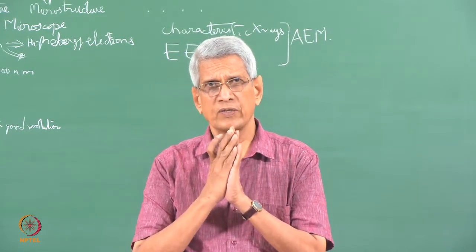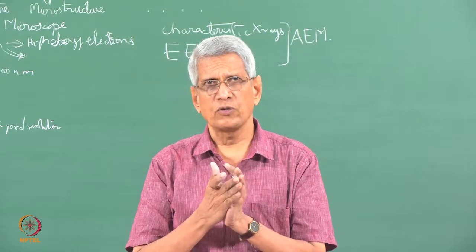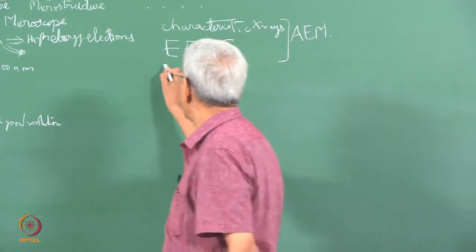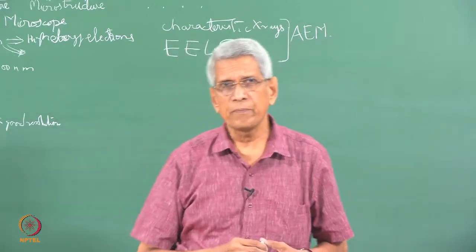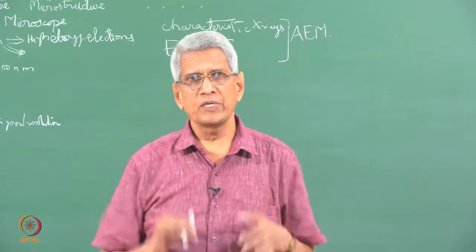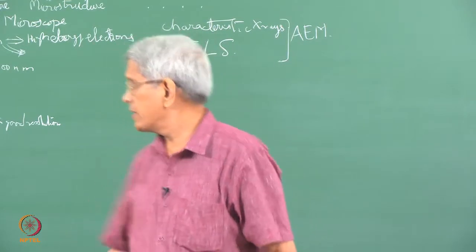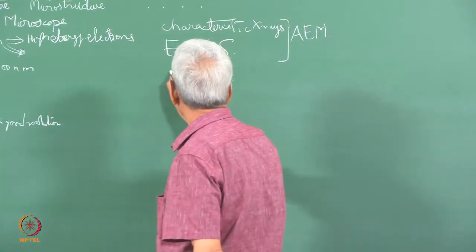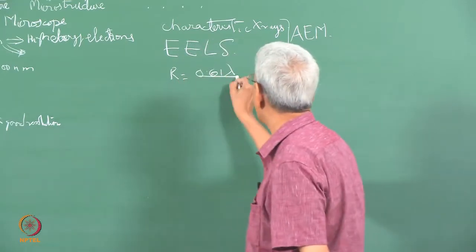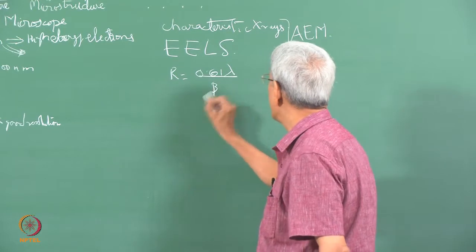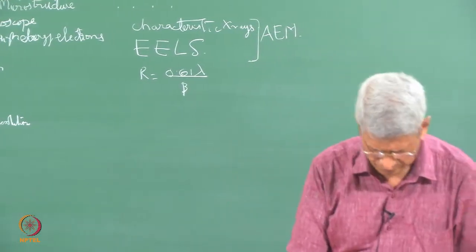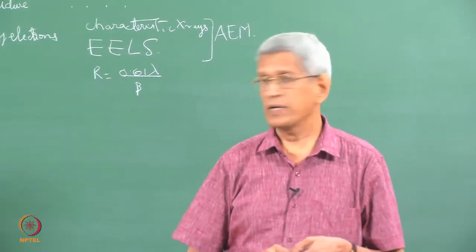Especially what we have to look at is the point to point resolution in an electron microscope, from one point to another point. The features which can be seen, the ultimate limit is given by the Rayleigh criterion. That says that the resolution is essentially 0.61 lambda by beta, where beta is the angle which it subtends with the lens from that point.